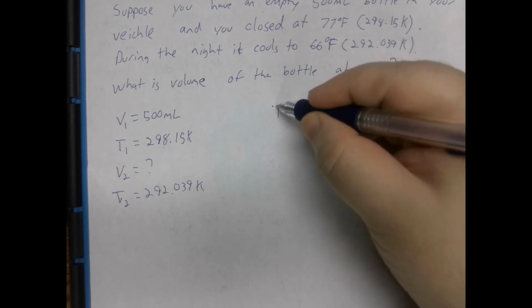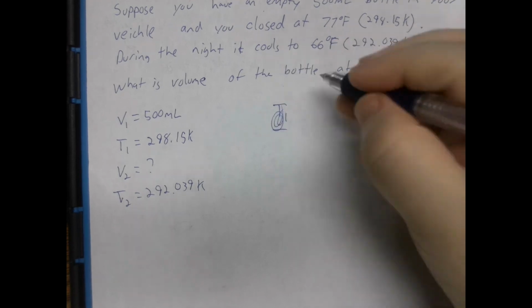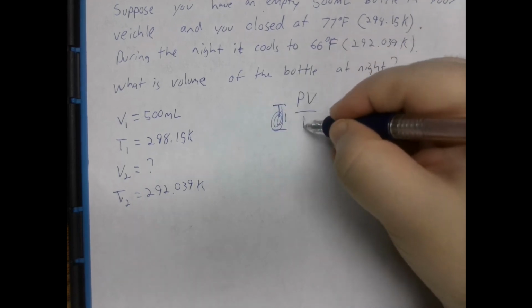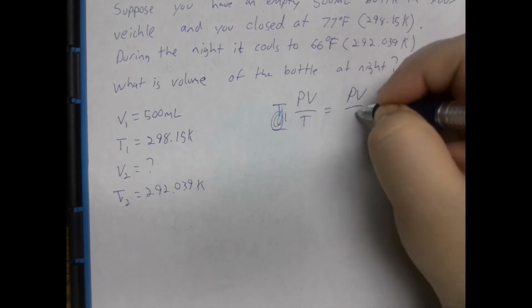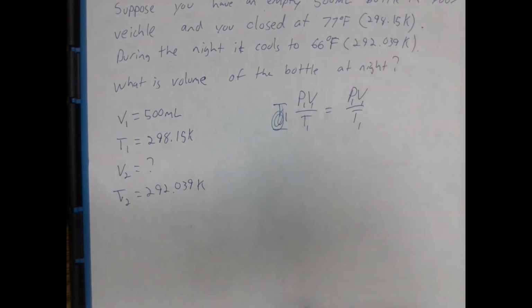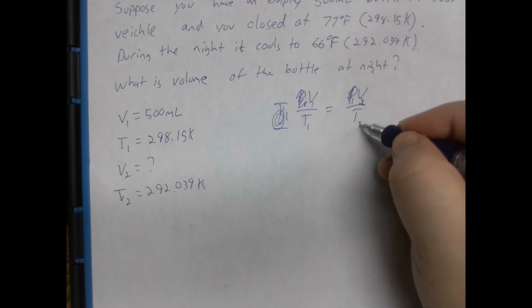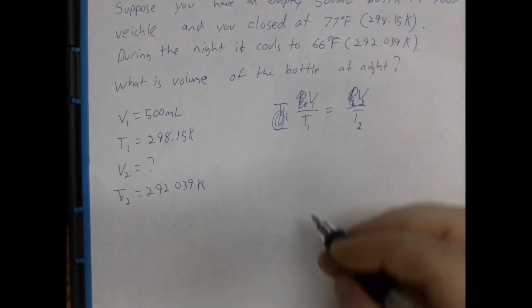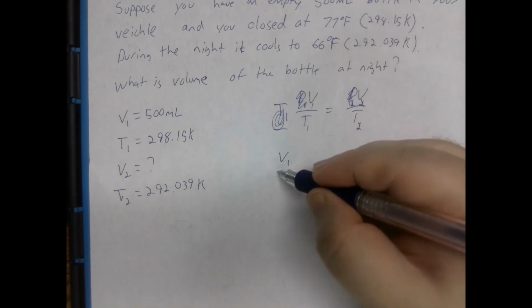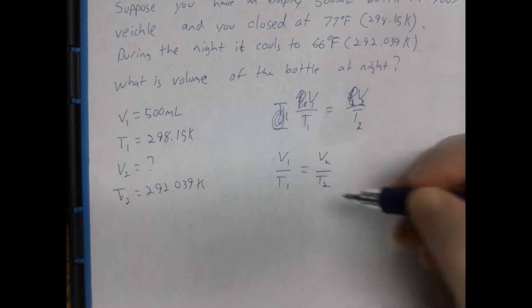So let's do PV over T equal PV over T. Here are our initials. Not concerned with pressure in this problem. These should be 2's. So we have V1 over T1 equal V2 over T2.